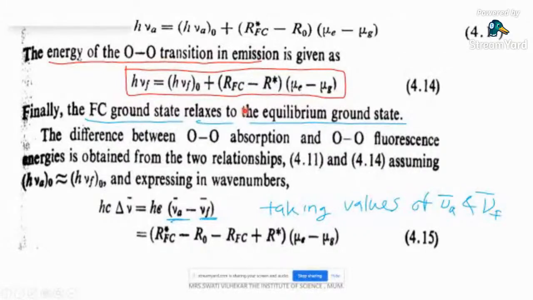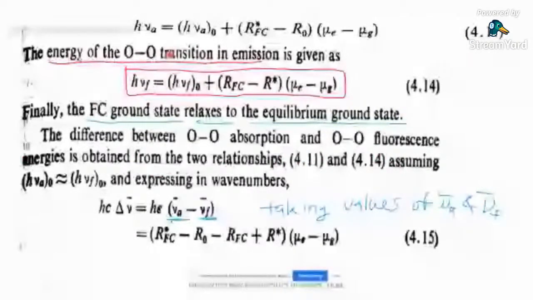You should have in your mind the picture of the diagram which I have shown you in the previous slide. So, the difference between 0 to 0 absorption and 0 to 0 fluorescence energies is obtained from the two relationships, 4.11 and 4.14.